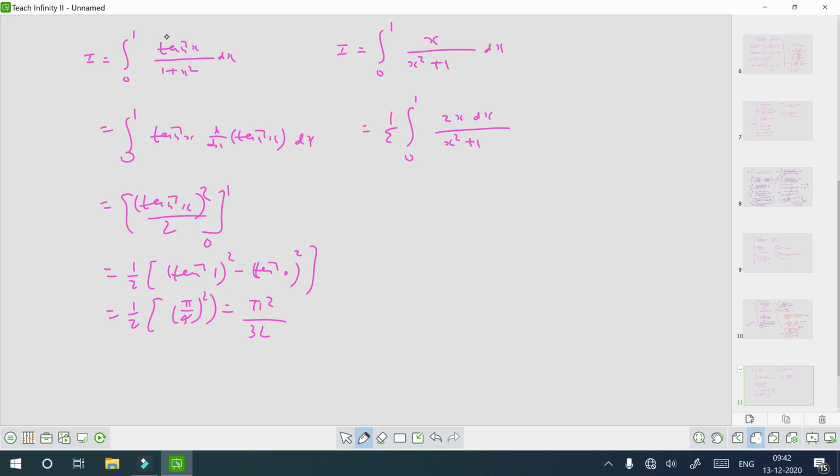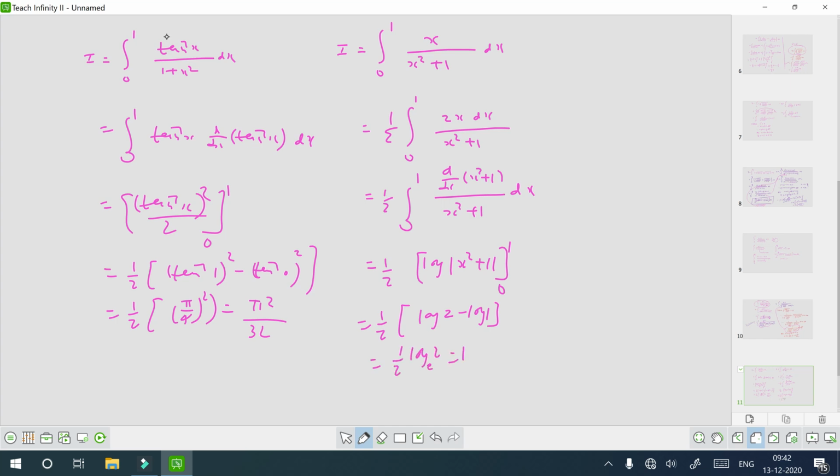So can I write that is equal to 1 by 2, 0 to 1, 1 over (x square plus 1), d by dx of (x square plus 1) into dx. 1 by 2 log mod (x square plus 1), 0 to 1. 1 by 2 (log 2 minus log 1). So 1 by 2 log 2 base e, or in other words you can write log root 2 base e also. Clear?